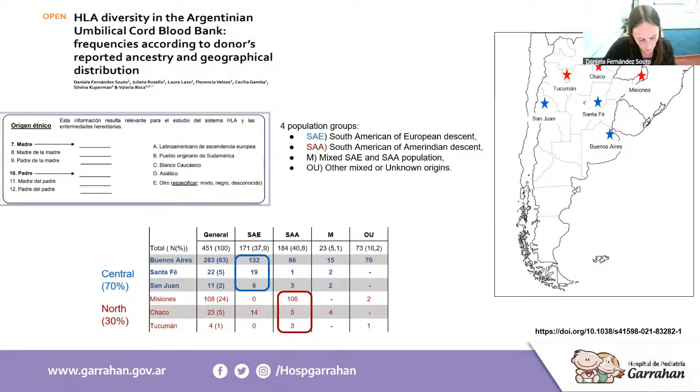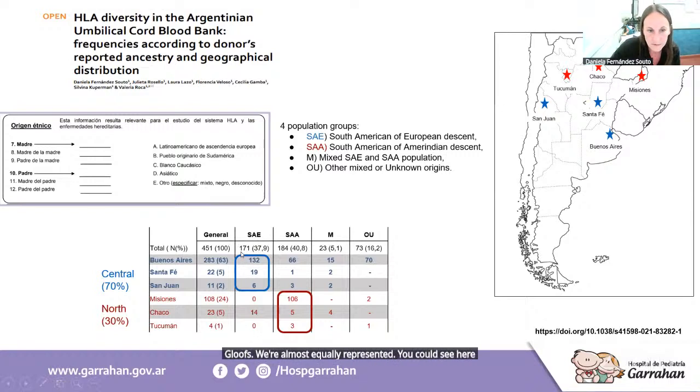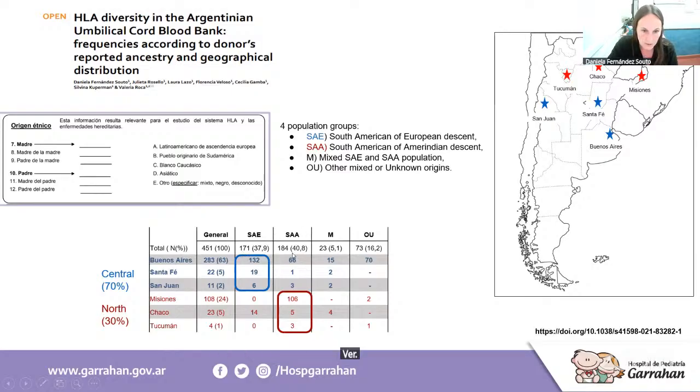And other or unknown ancestry, including Asian, African, or any combination of these with Amerindian or European origins. What's interesting is that both European and Amerindian groups were almost equally represented. We could see here 171 versus 184. And as we expected, European ancestry was more represented in the center, while Amerindian ancestry predominated in the north.